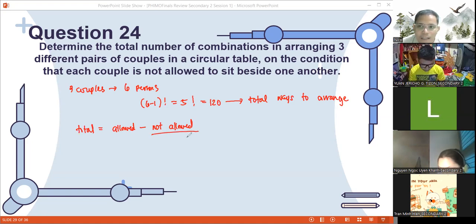It's stated here that it is not allowed, right? So to solve for the not allowed here, there are three couples. So by circular permutation, 3 factorial. And then there are 3 of that couple, so 2 raised to 3. Okay, so that's 2 raised to 4, so that's equal to 16, right? So out of 120, you subtract 16, so the answer is 104.